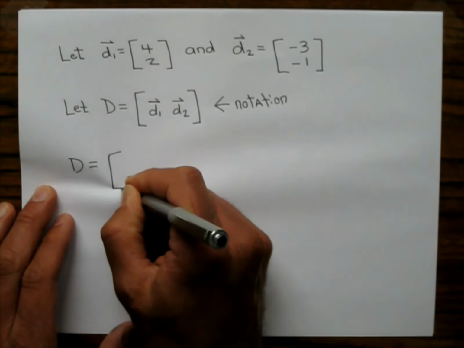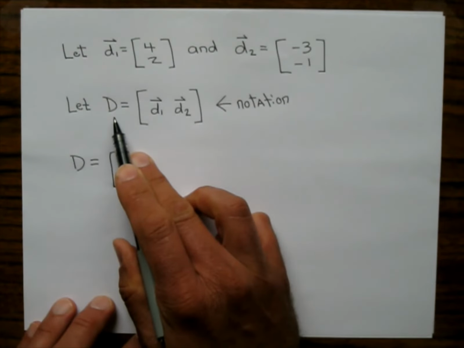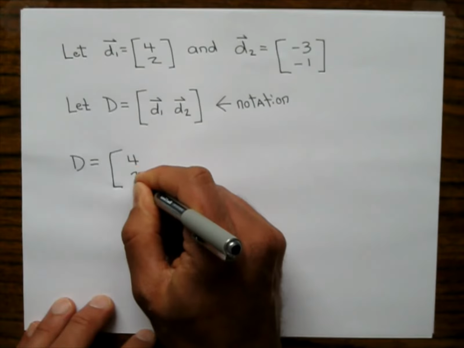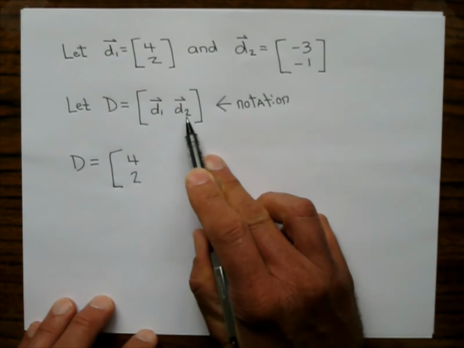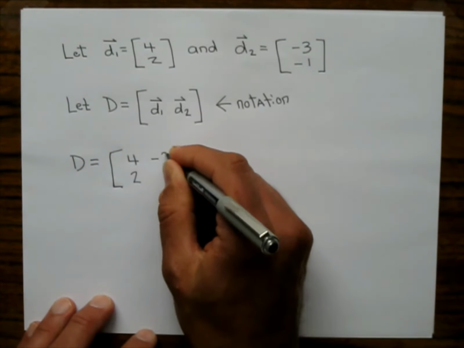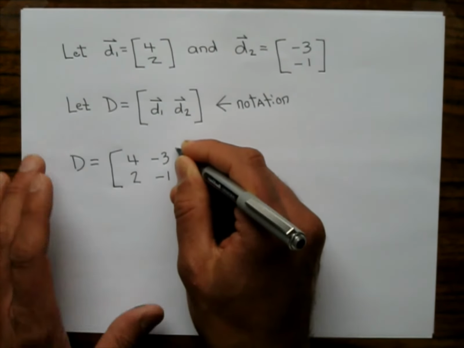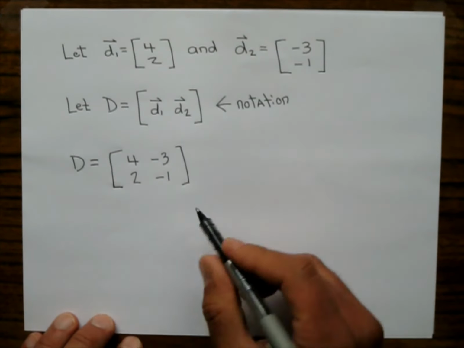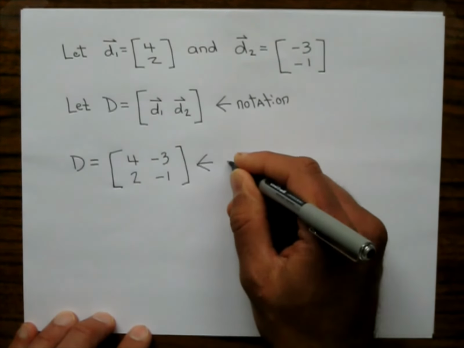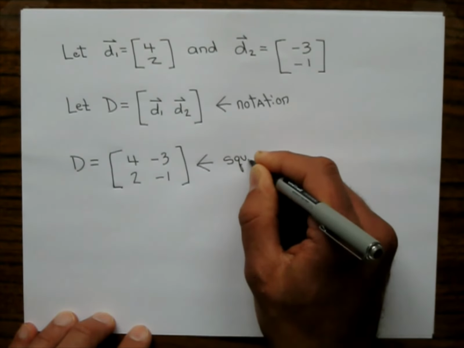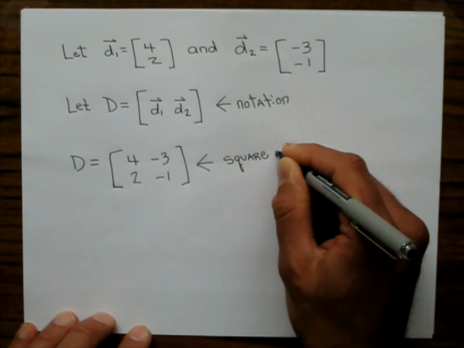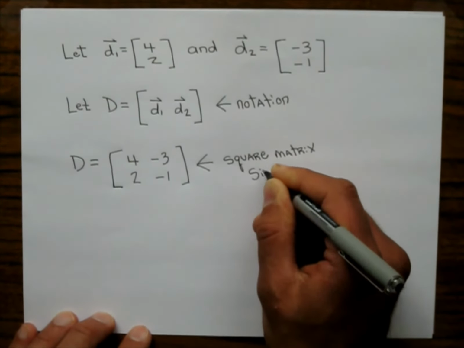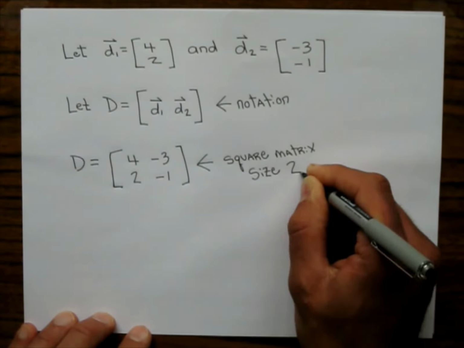The matrix D is D1 as the first column, 4, 2, and D2 as the second column, negative 3, negative 1. This is what D happens to be, and it is a square matrix. The size of this matrix is 2 by 2.